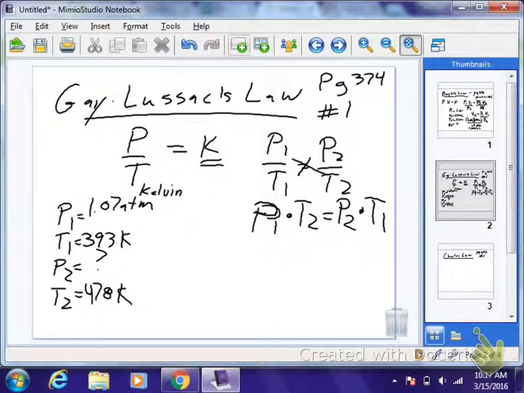Now, I switch the symbols around, and then plug my numbers in at the very last point. Then I don't have to worry about switching numbers around. I just switch symbols around.